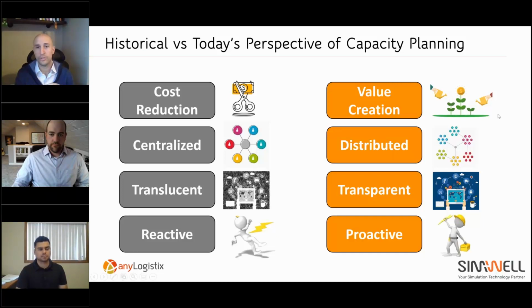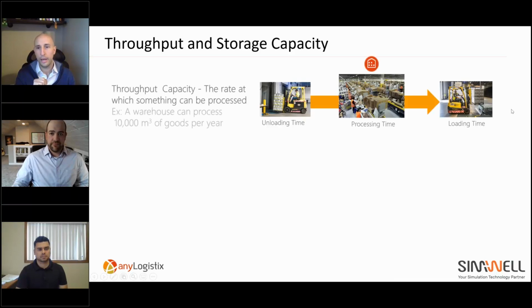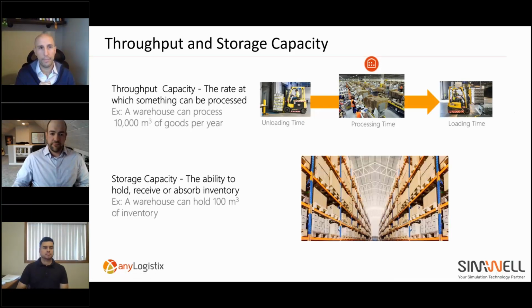All right. So we're going to spend hours talking about this, but let's be brief and move into the webinar. Just to be on the same page, we're going to be talking today about throughput and storage capacity, and a small distinction between the two. When we talk about throughput capacity, we're talking about how many units are moved from A to B or from process to process in a period of time.